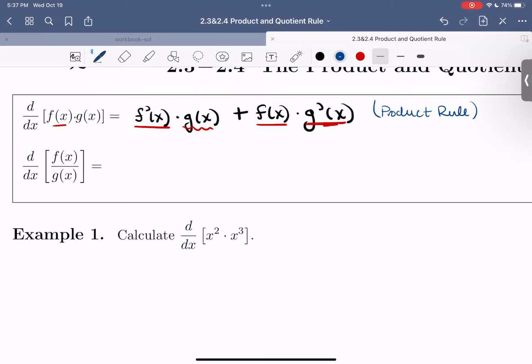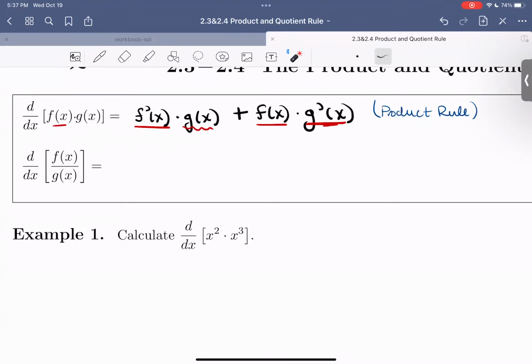So why is this the formula for the derivative of a product of two functions? In order to show why this is true, we'd have to go back to the limit definition of the derivative. We'd have to use that definition with a generic f times g function to compute the derivative, and this is the formula we would end up with.